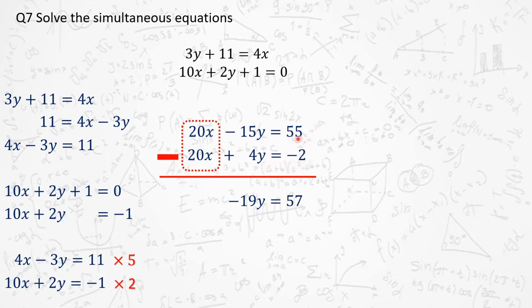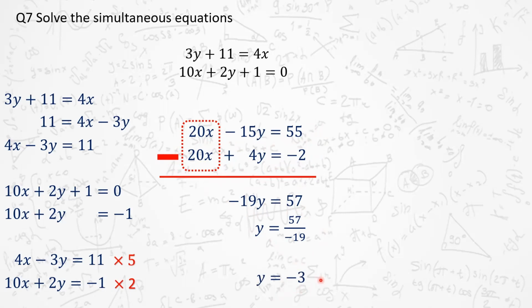I repeat, 55 minus 2 give me 55 double negative plus 2. So that's give me 57. So y equals 57 over minus 19. My answer for y is minus 3.